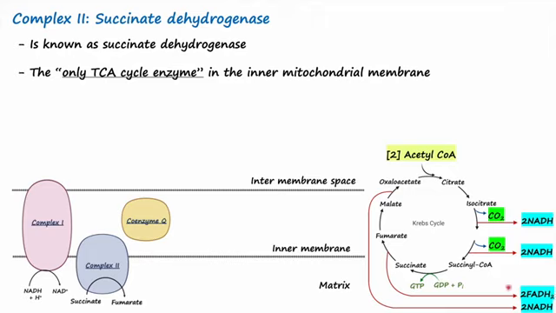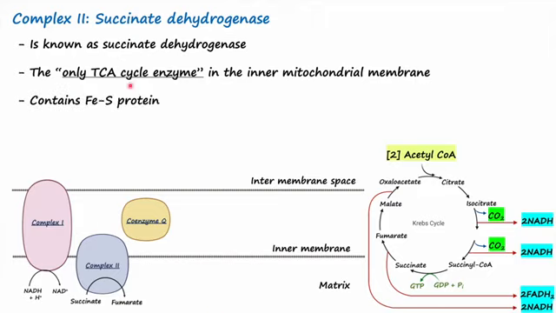So the electrons from FADH2 are then transferred to complex 2, and we will see how they are carried through complex 2 to coenzyme Q. Basically this is the only TCA cycle enzyme located in the inner mitochondrial membrane, as opposed to what we just learned, that the majority of the TCA cycle enzymes are located in the mitochondrial matrix.